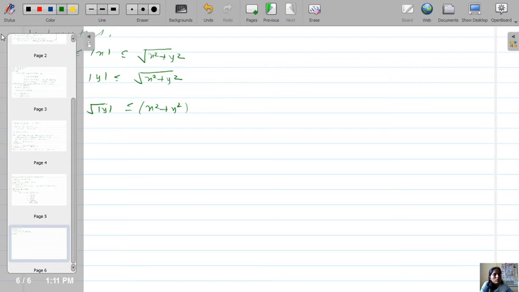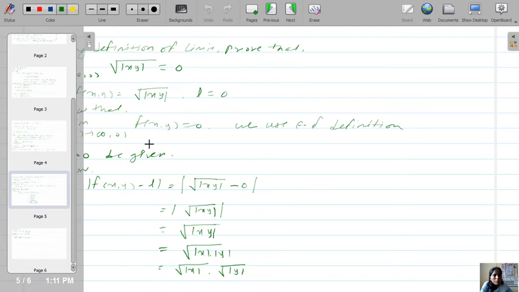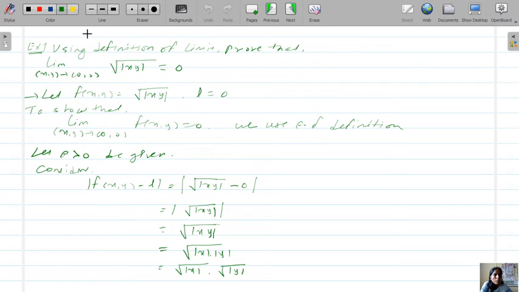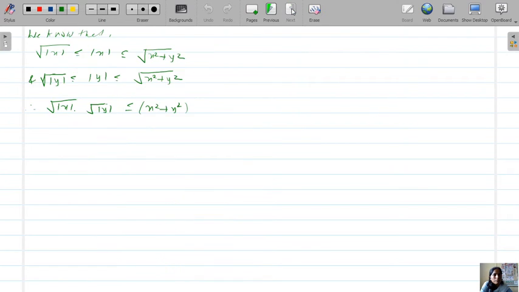In the previous step, we saw that mod of f of xy minus L is square root of mod x into square root of mod y. So next page. Now we want this quantity to be strictly less than epsilon.